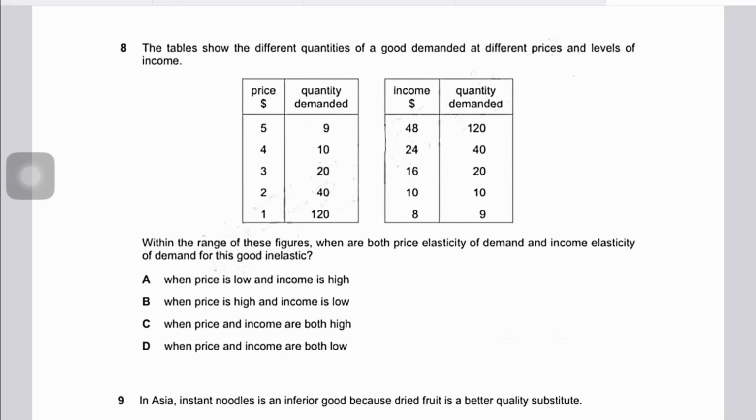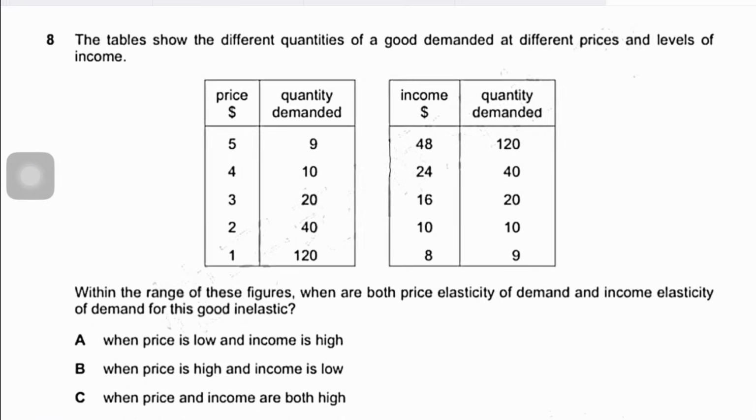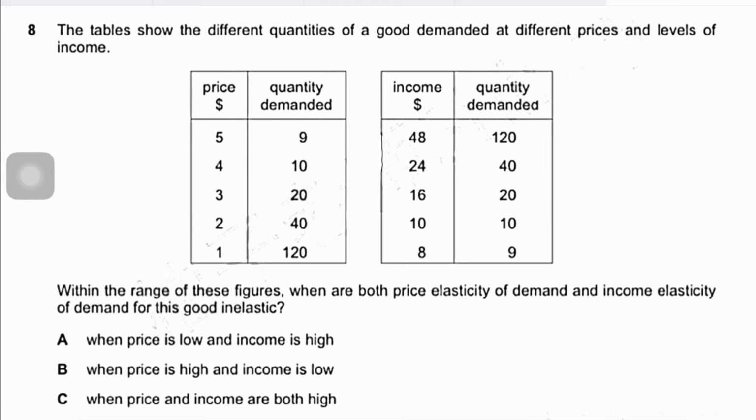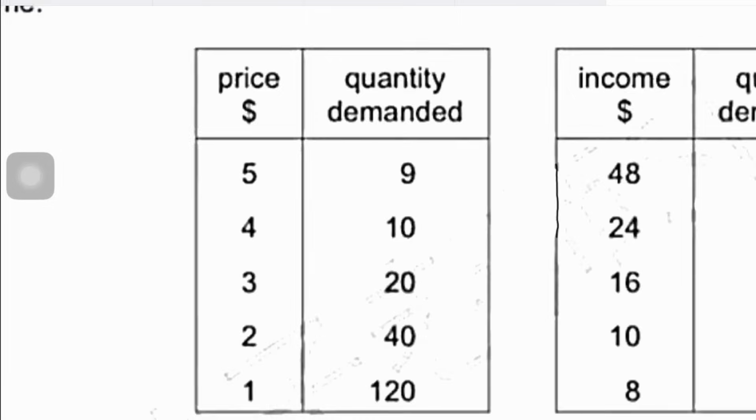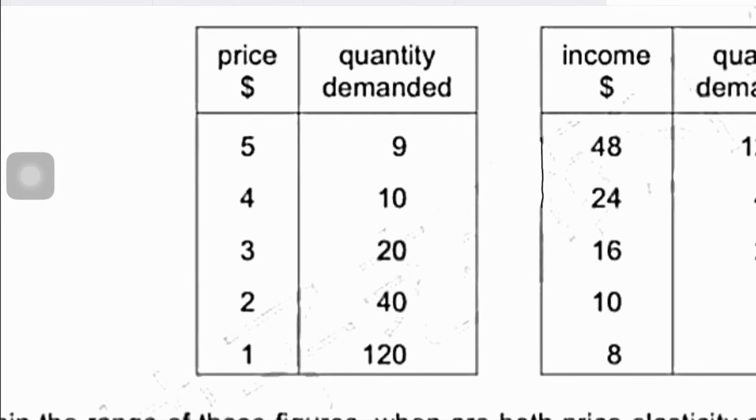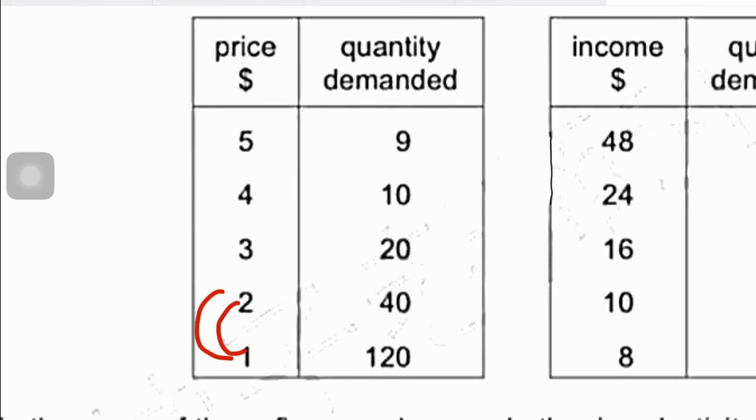And if we assess the table, what we see is, if you want to talk about PED being inelastic, it simply means that quantity demanded changes less than proportionally to changes in prices. And from the table, we can see that if our prices are low, let's say the price goes up from 1 to 2 or it goes down from 2 to 1, we see that there's a very huge change in quantity demanded from either 120 to 40 and from 40 to 120, depending on which direction it is going.